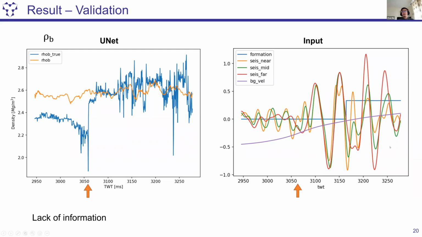We expect we can tell something from the formation, which is the blue line over there, but it tells nothing about the big jump at 3050. And a similar thing happened to the background velocity, the purple line, which is just a general trend. So we can only infer something from the seismic cubes. However, we can't see any huge reflections in the seismic either. So that's why we cannot predict those big jumps.